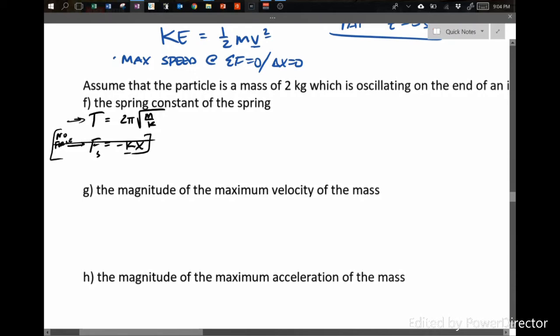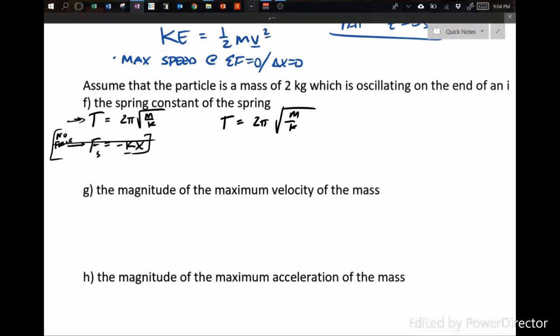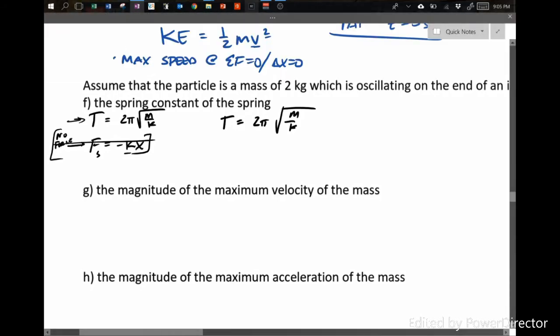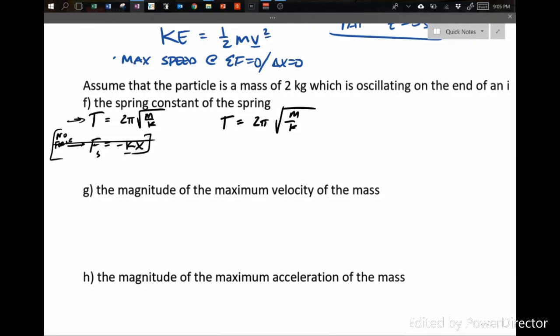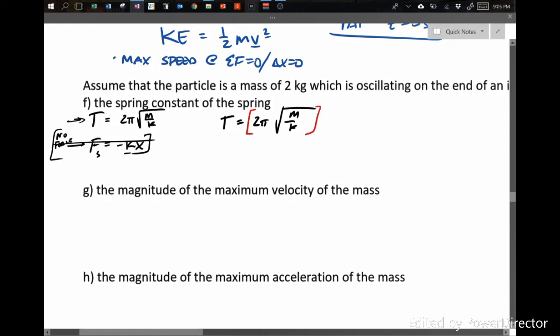For this motion, I know the period. 2 pi is a constant. They just told me the mass, and I need to find k. So in order to do that, I need to isolate k by itself on top. So the first thing that I want to do is get rid of that pesky square root. So we're going to square both sides. I've got T squared, but since I'm squaring both sides, I have to square everything inside of that term. Everything on that side. So I get 4 pi squared times m over k.